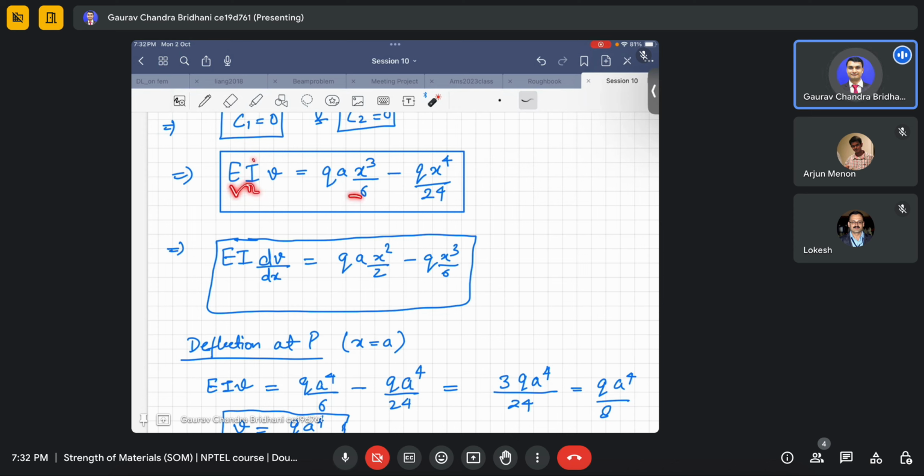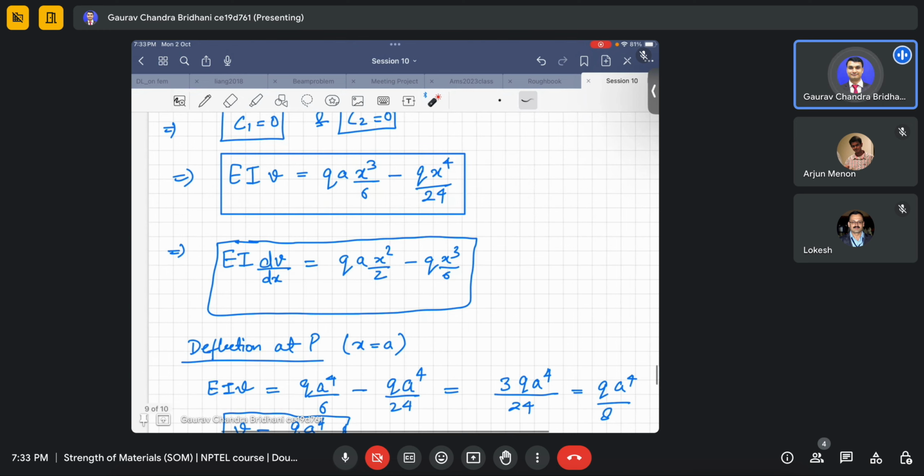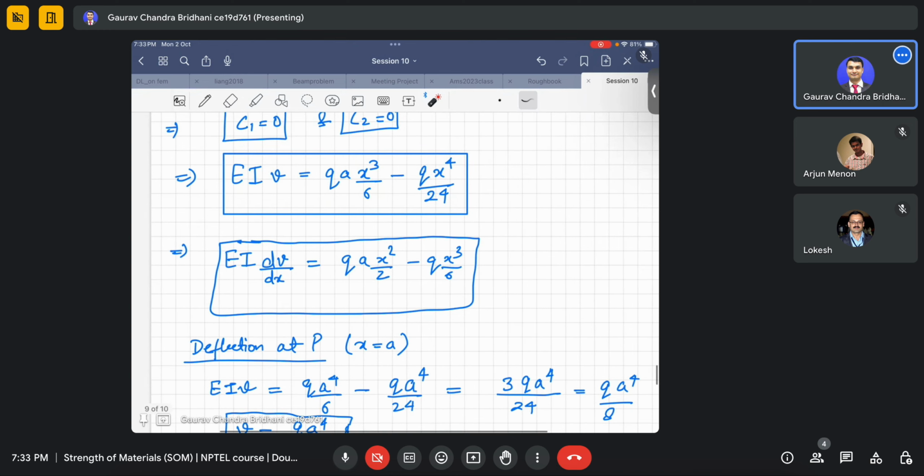You divide this EI on both sides, so here it will be 6 EI and here it will be 24 EI, and then just use that to find the value of V for x. You can vary your x from 0 to like 10, and then plot V with respect to x.